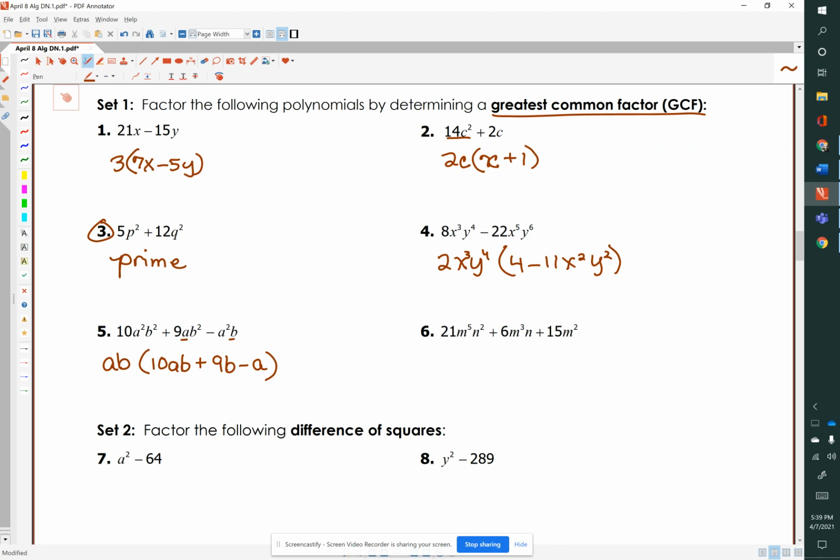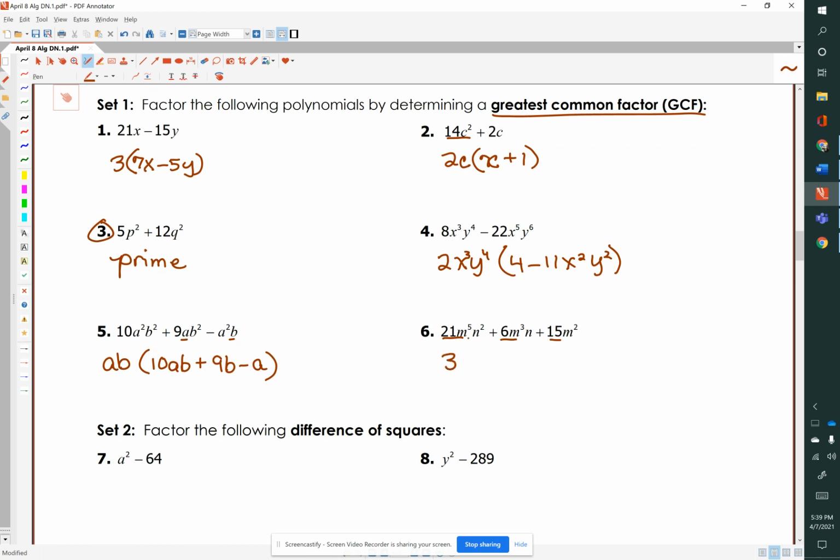And number 6, 21 m to the 5th n to the 2nd power plus 6m to the 3rd power n plus 15m squared. So with the 6, 21, and 15, I can factor out a 3.